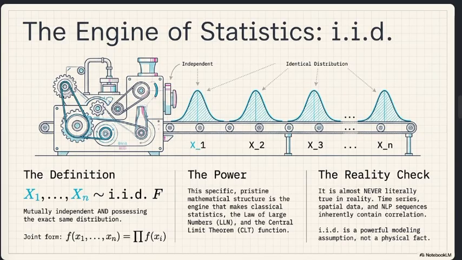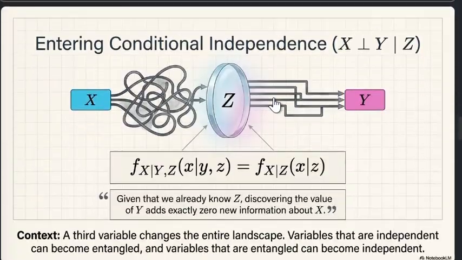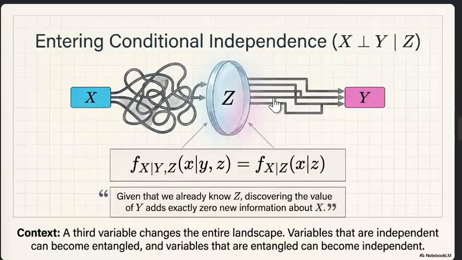Examples are tossing a fair coin repeatedly and random sampling from a population. Many machine learning algorithms assume that training data is independent and identically distributed.